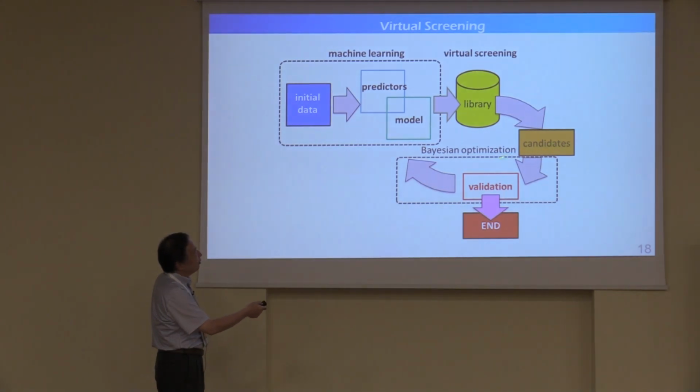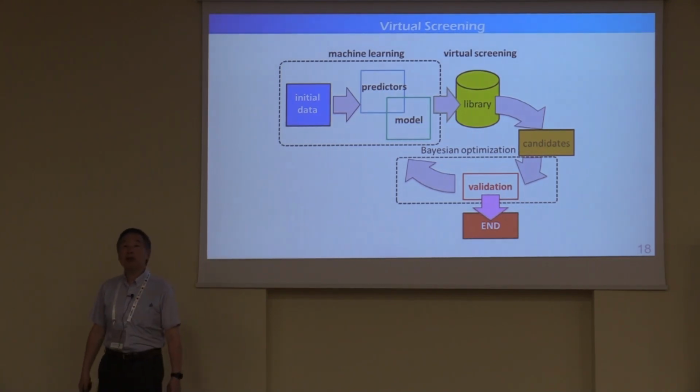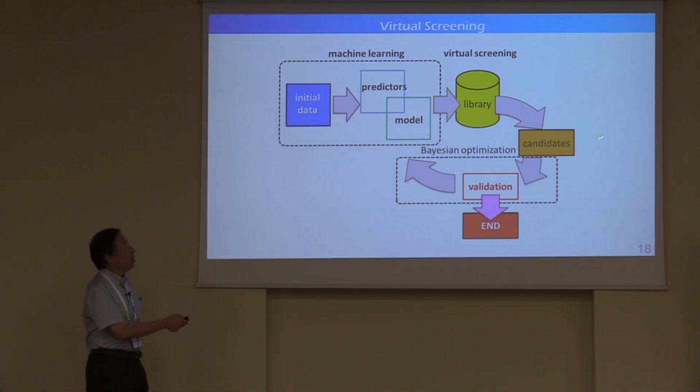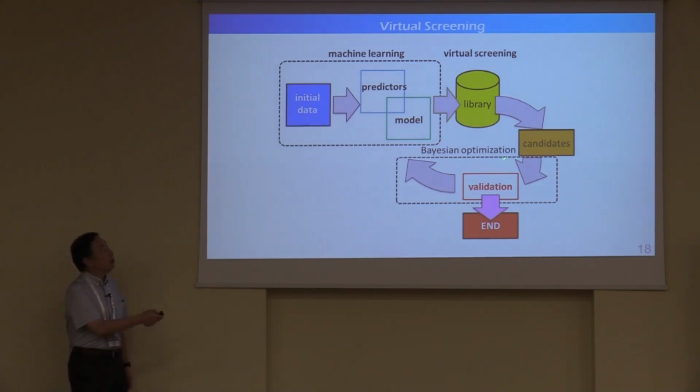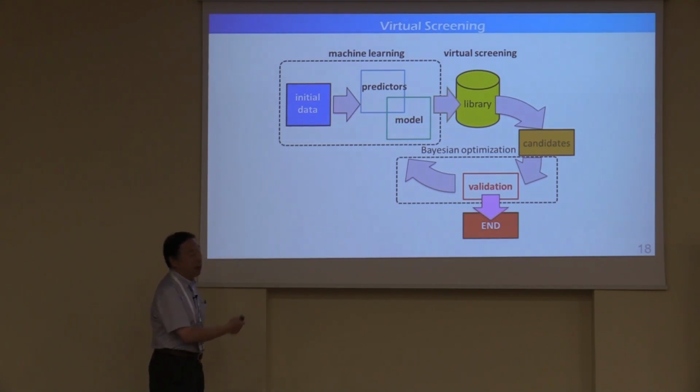And this process is very important because this screening does not use any first principles result, just the model and predictors. So these candidates are not necessarily correct answers, but they can be candidates, and we make validation. Because this model is not necessarily good, sometimes the validation fails. Then we put this result into the model again, improve the model, and go through the library again.